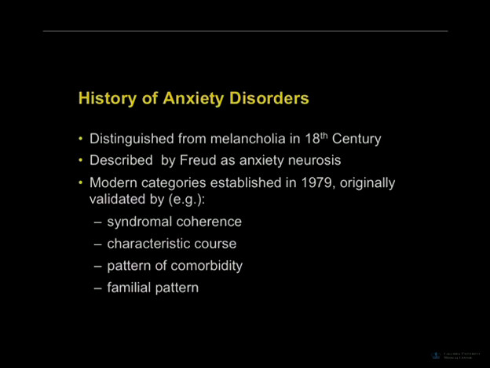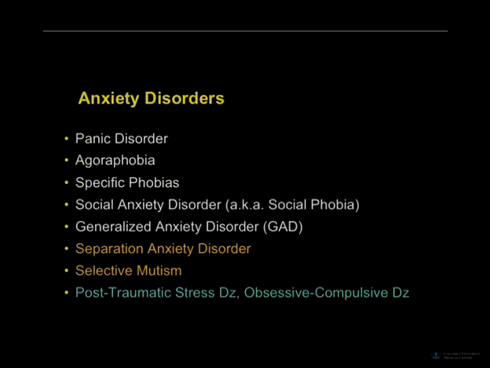One, the syndromal coherence: what symptoms seem to co-occur in people? What's the characteristic course, the age of onset, the course over time? The pattern of comorbidity: what other things co-occur with these particular symptoms, and which symptoms tend to be familial, to be shared within a family. So based on these clinical observations, these disorders were differentiated.